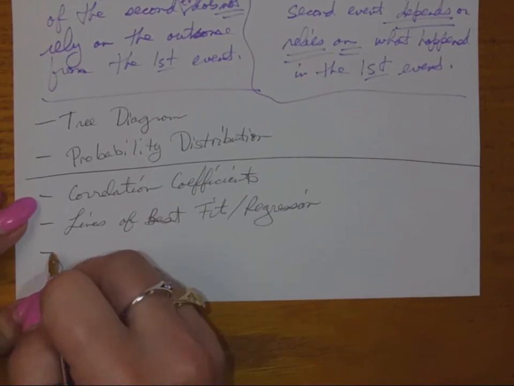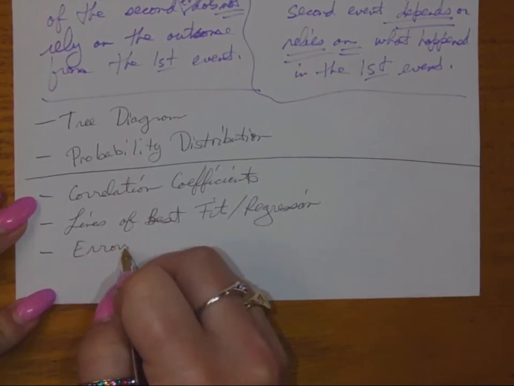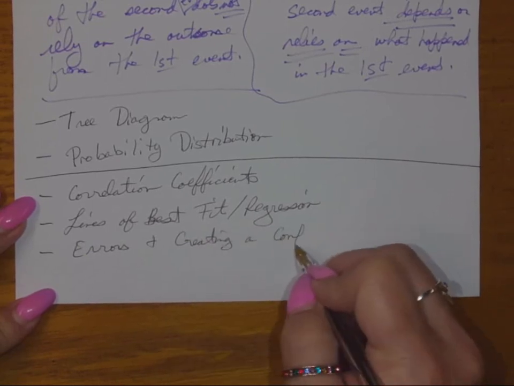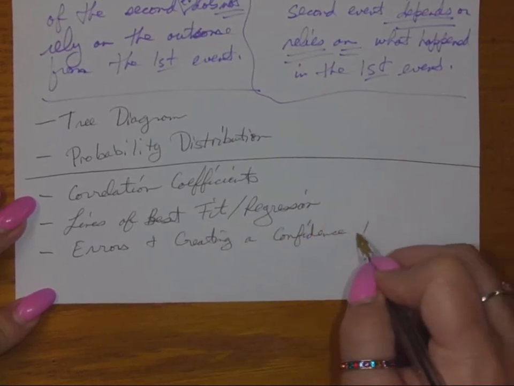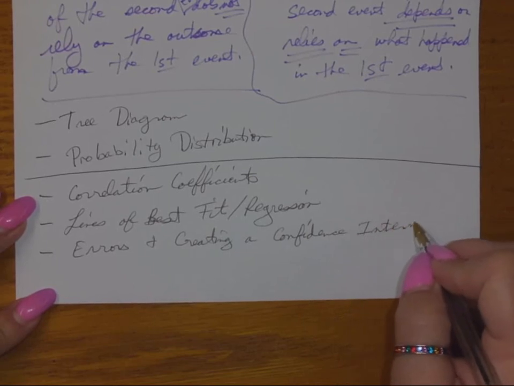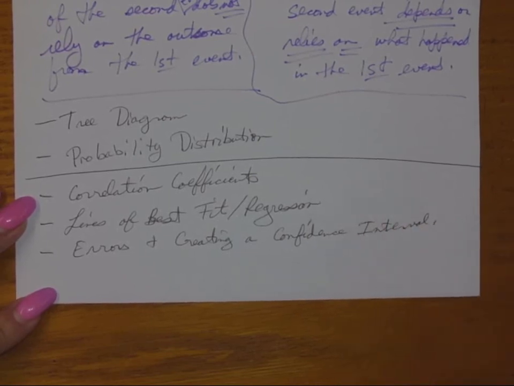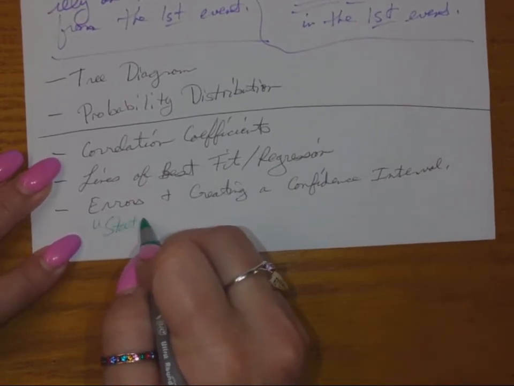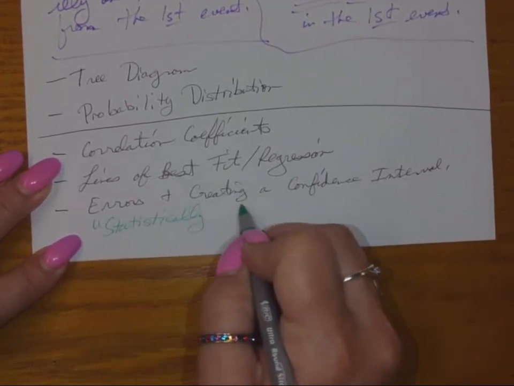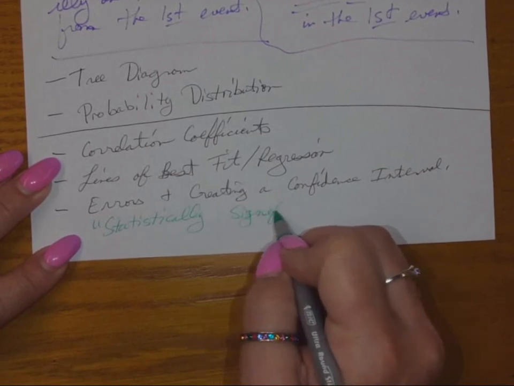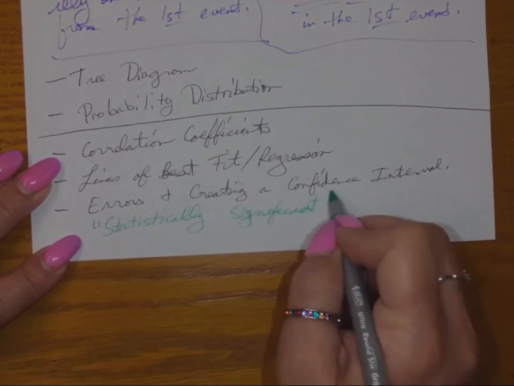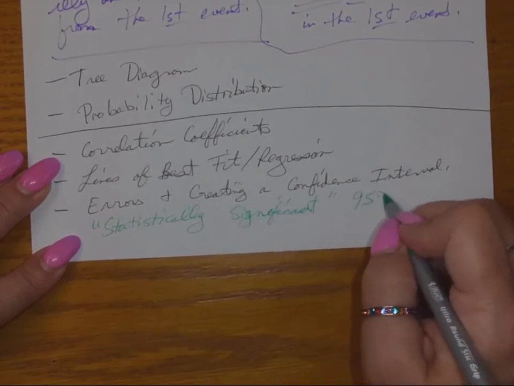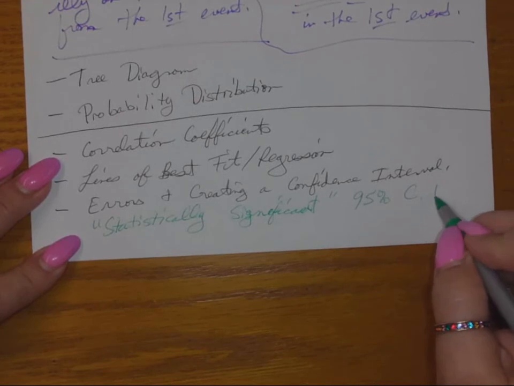We looked at the errors and how to create a confidence interval. Okay, remembering that for our purposes, statistically significant in our case meant a 95% confidence interval, right?